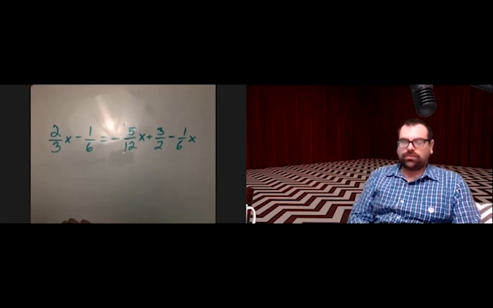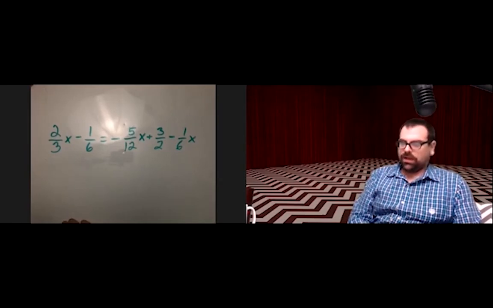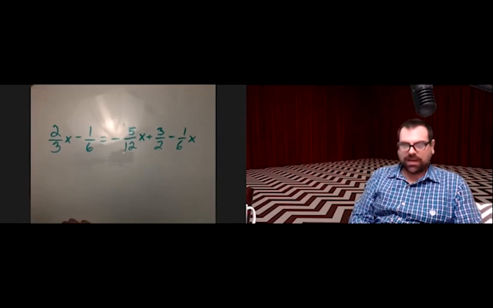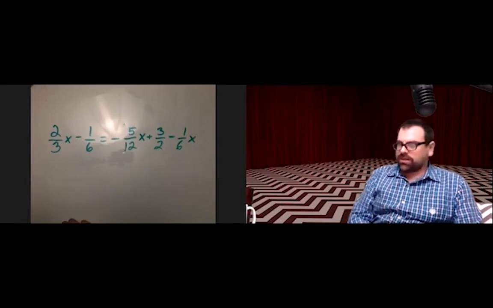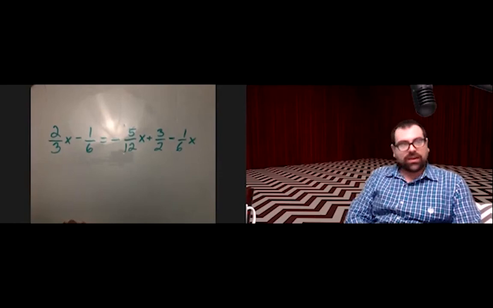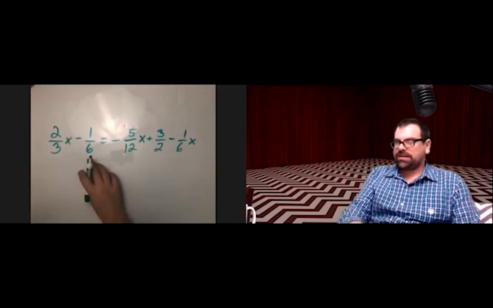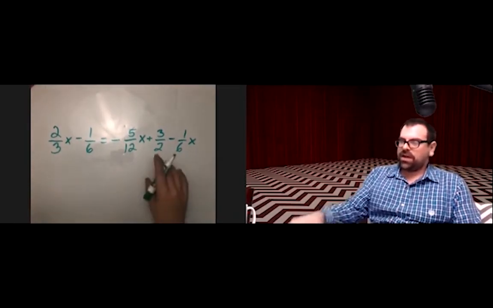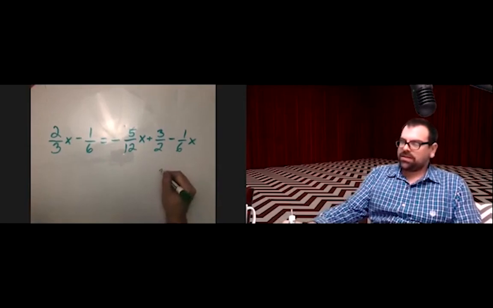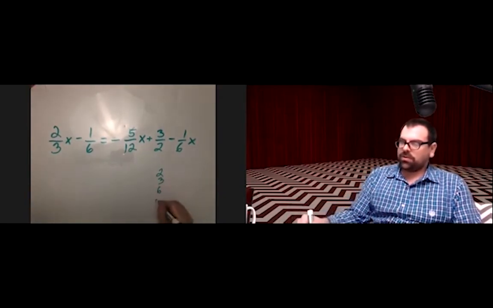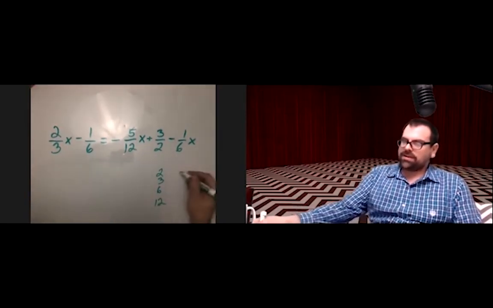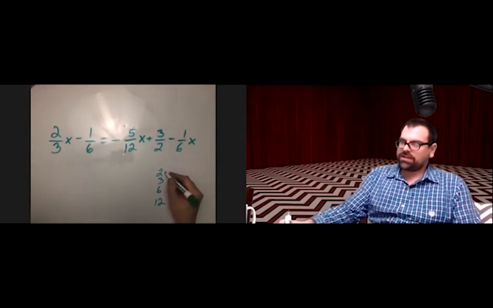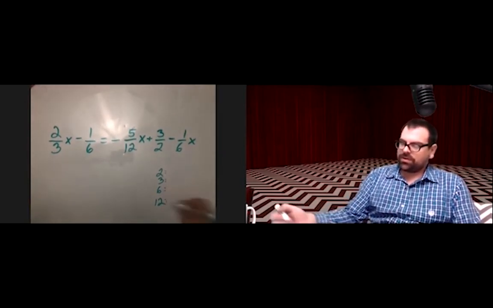Wow. So there's a fraction in every little bit of this problem. What we can do working with fractions, since we know we're going to need to be adding and subtracting, is start by giving everything a common denominator. So for 3, 6, 12, and 2, we would need to find a number that is in common to all of the lists of multiples.